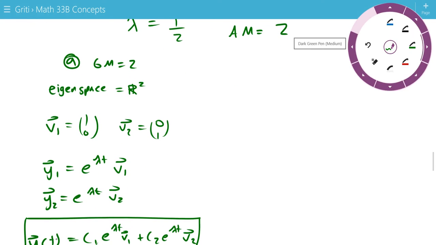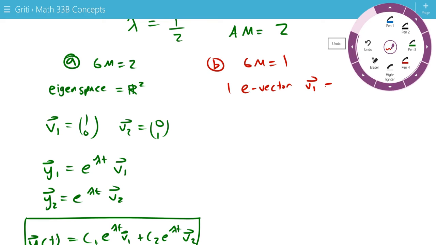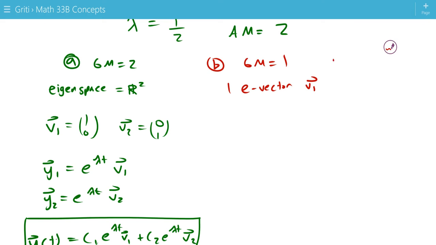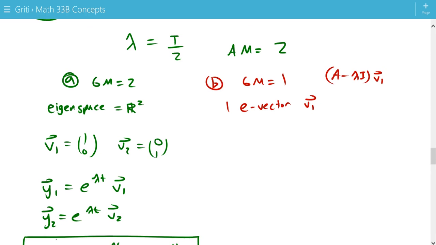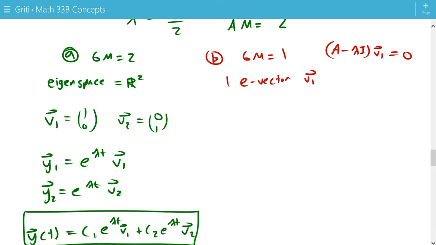Let's look at the second case. Our second case is where geometric multiplicity is equal to 1. So we only get one eigenvector, v1. That's just going to satisfy A minus lambda I v1 equals 0. But we need another eigenvector.